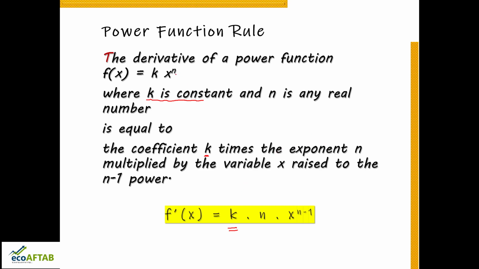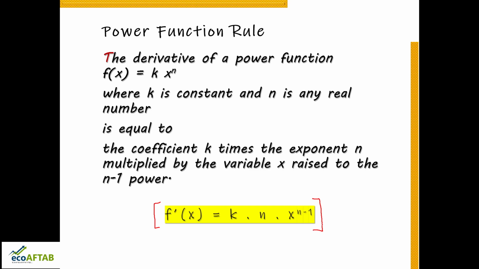This is the exponent n, so that is multiplied over here, multiplied by the variable x, again which is raised to n minus 1 power. So this is the formula to calculate our derivative, f prime x.